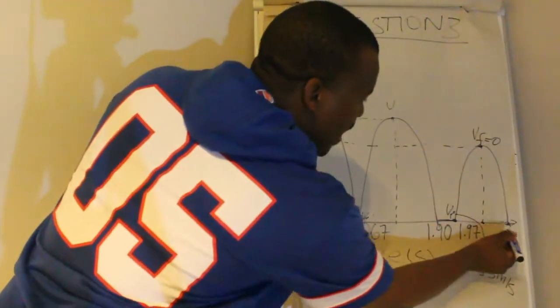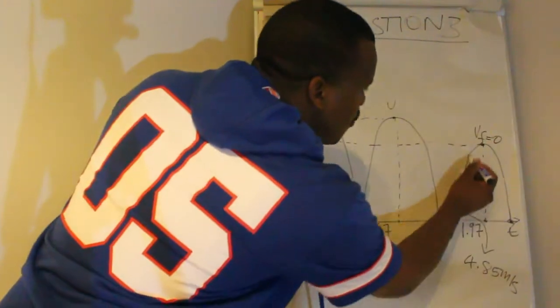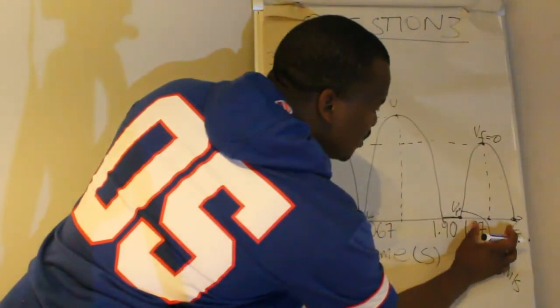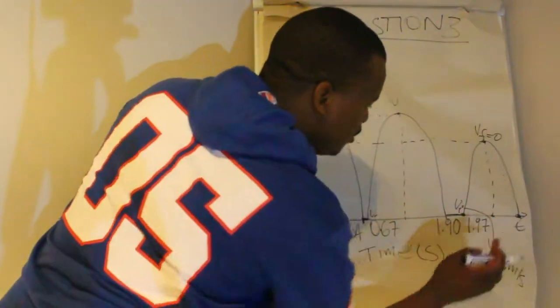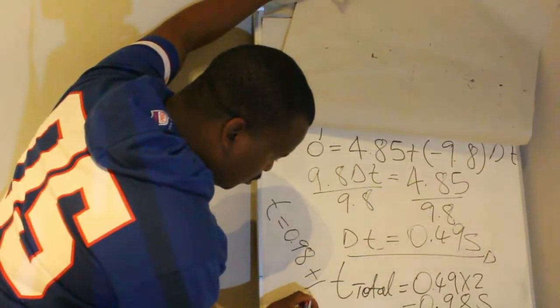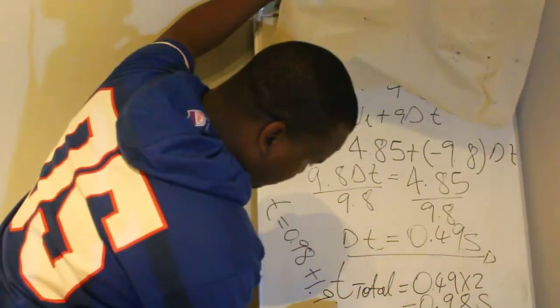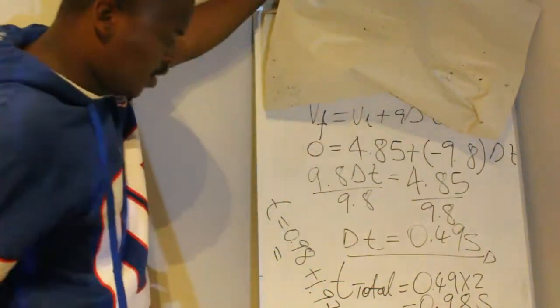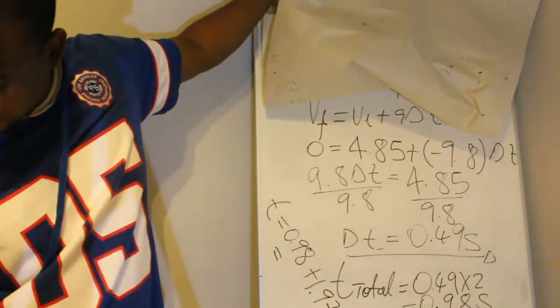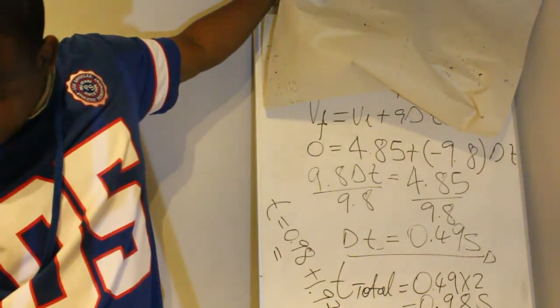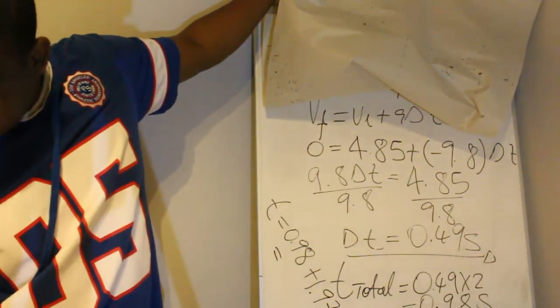So now to add it here, you find the value of T. That's 1.97, which is equal to 0.98 plus 1.97.